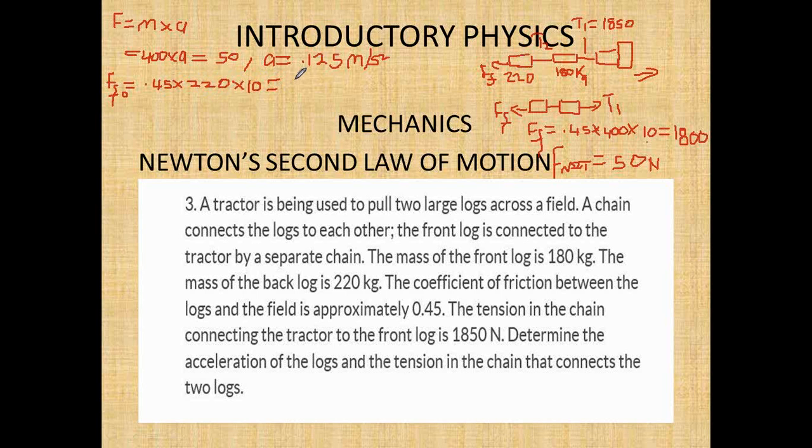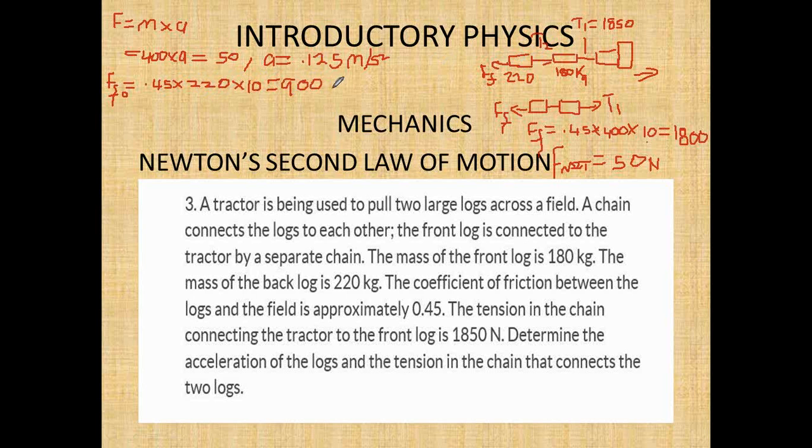So the force of friction pulling the log to the left, okay? So the force of friction pulling the backlog to the left is 900. We don't know the tension going forward. That's what we want to calculate.